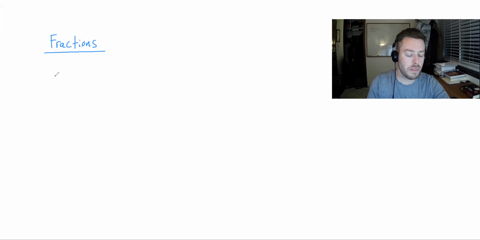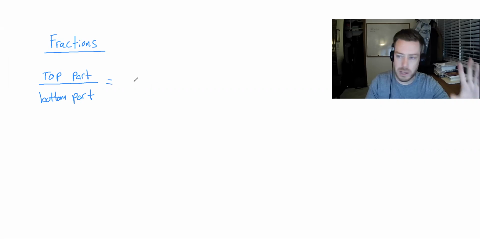So when it comes to fractions, you have a top part and you have the bottom part, right? Both of which are numbers. And they're probably going to be equal to something.